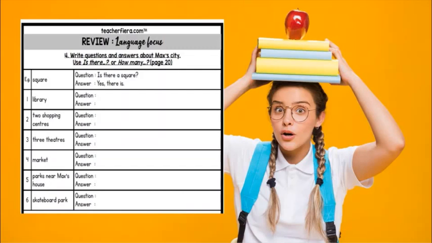The first example given is square. The question will be, is there a square? And you need to also provide the answer. Yes, there is. Now I will leave you to answer all the questions.